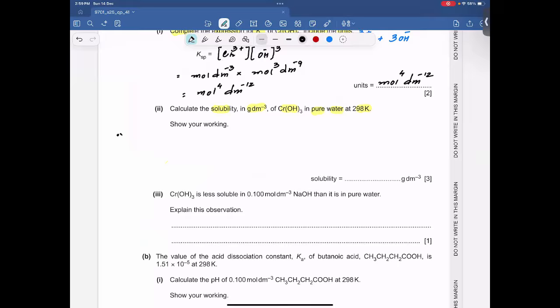So in the first part, Ksp equals to concentration of chromium ions and concentration of hydroxide ions, power 3. The value of Ksp is given, which is 1.0 into 10 to the power minus 33.